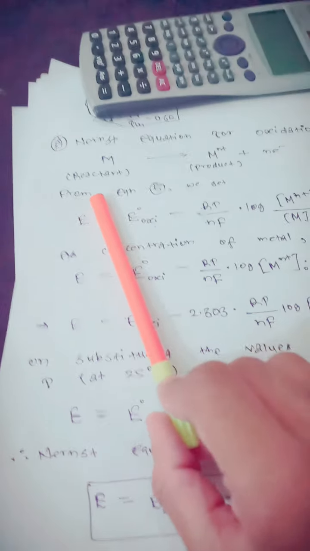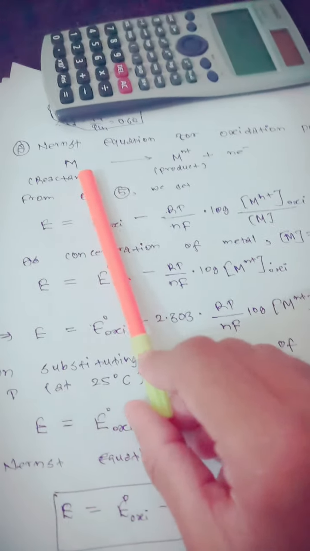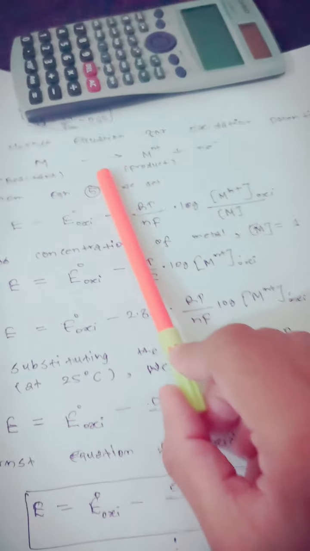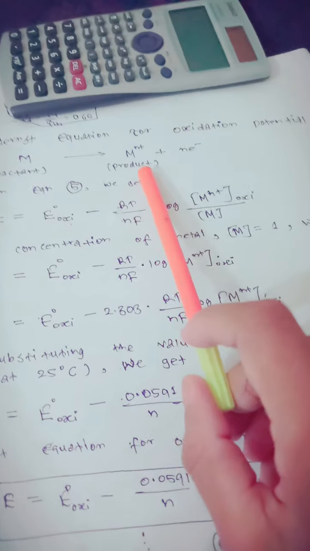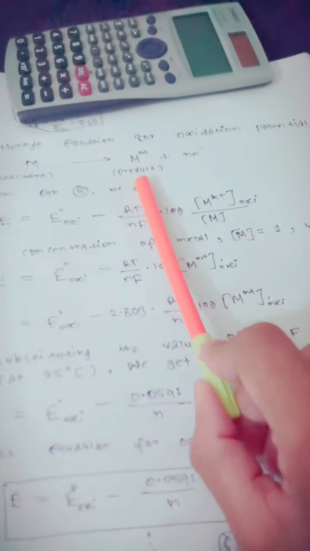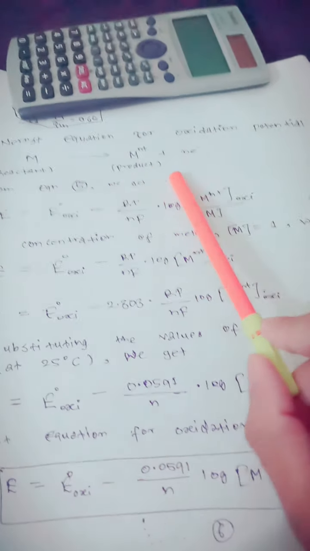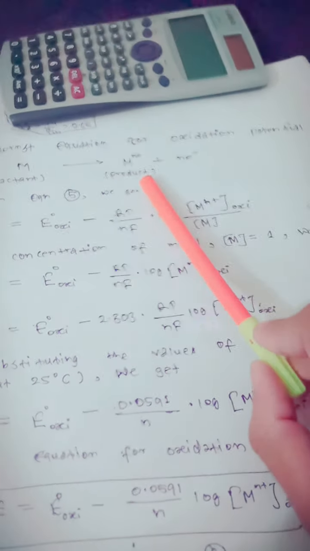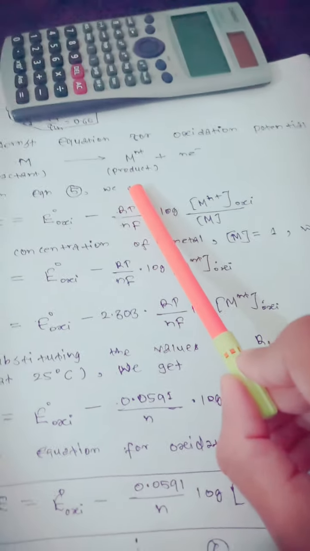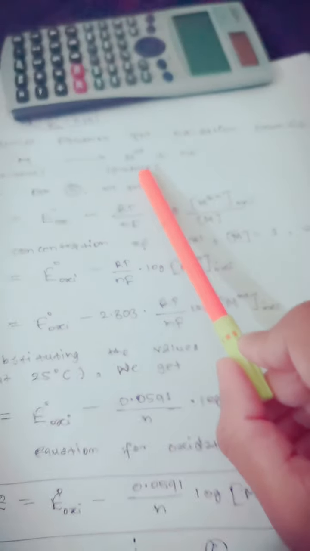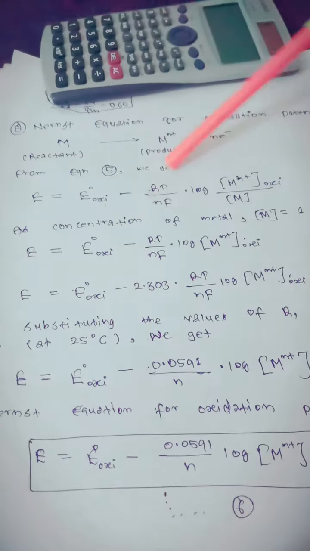As you can see here, the reactant, capital M, is separated and converted into product plus electron, and the product comes to the right hand side. The product is M^n+ plus n electrons. So this is my oxidation potential.